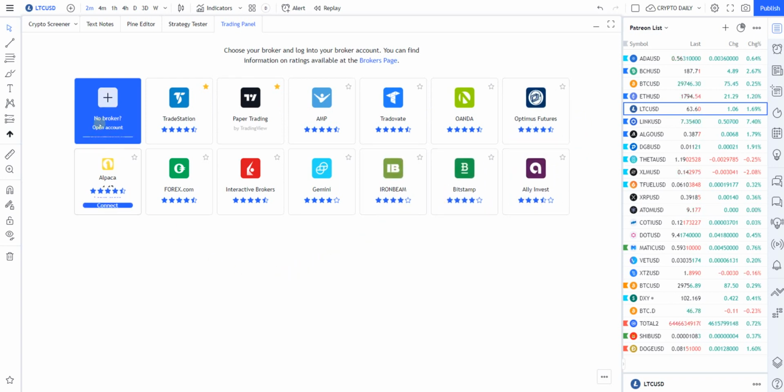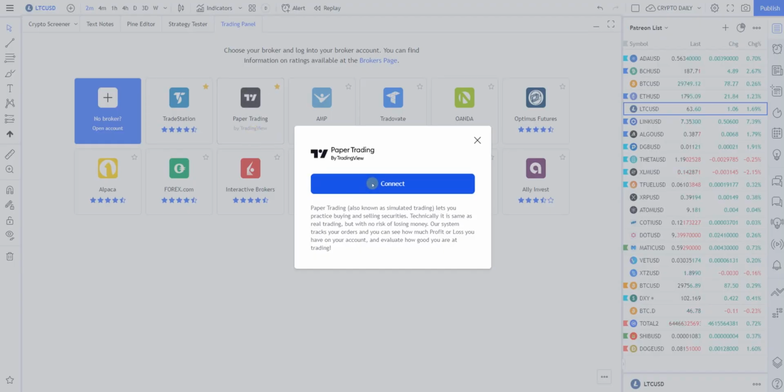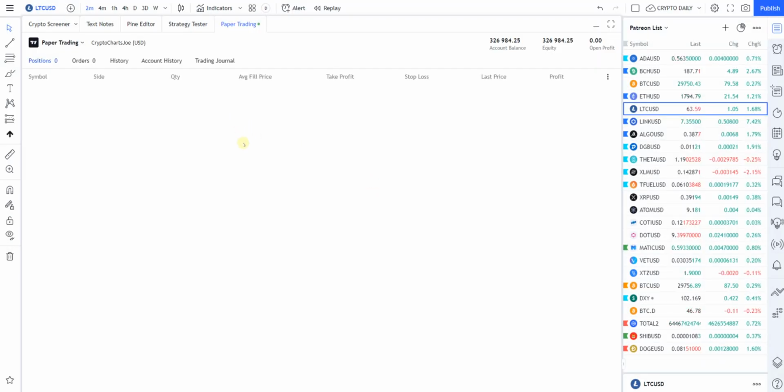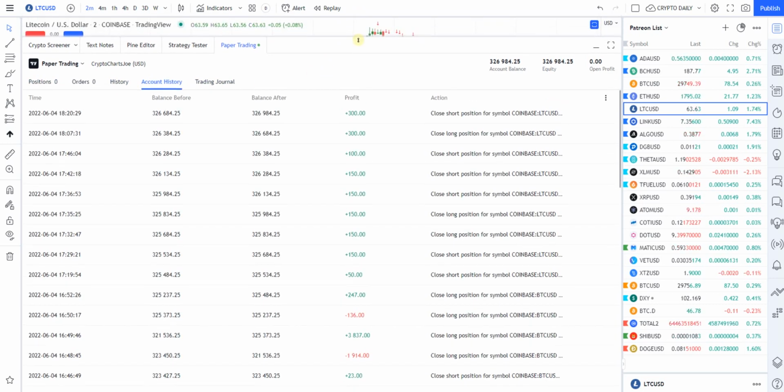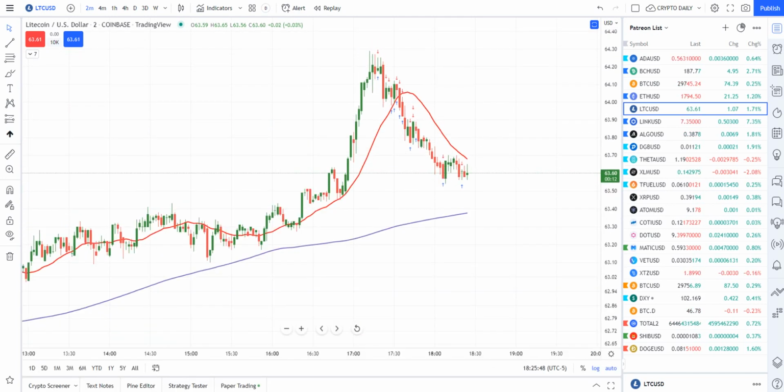And if you don't have a broker, I guess you can open an account with some generic company to do that. But right now, let's connect back to the paper trading. And what's this? Is this the account history? Yeah. Okay, let me pull this back down.